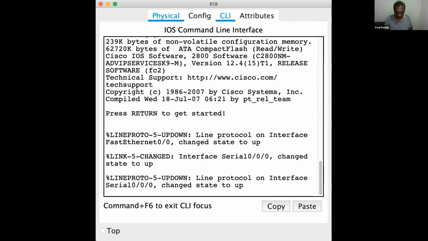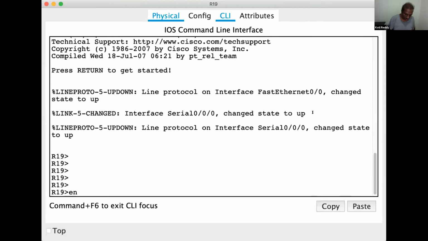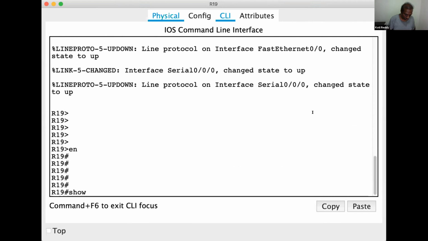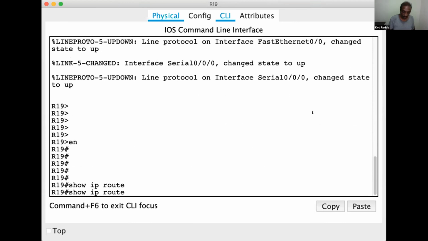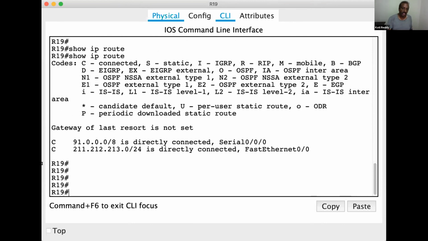So I go to R19. I say enable. I say show IP route. There I should give the routing table for what? I should add a route for the 92 network ID on R19.